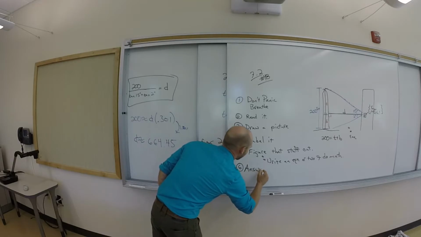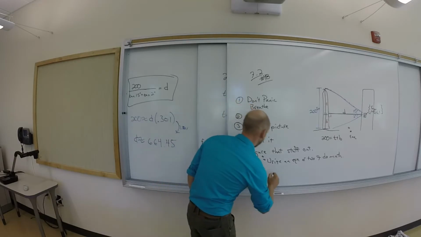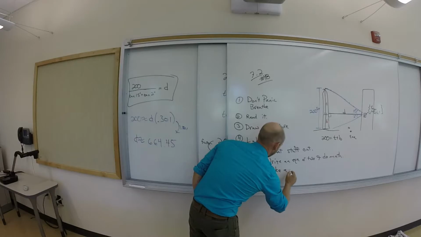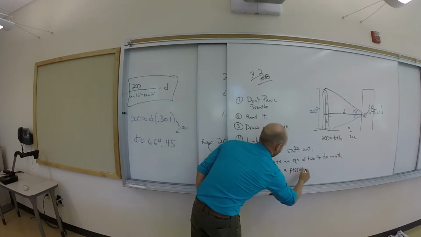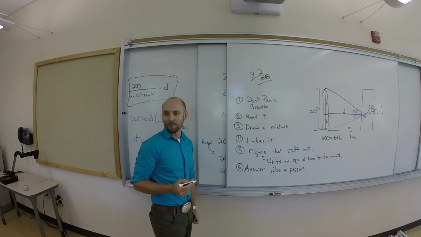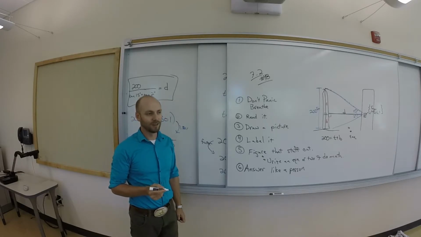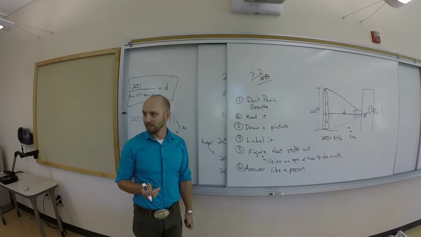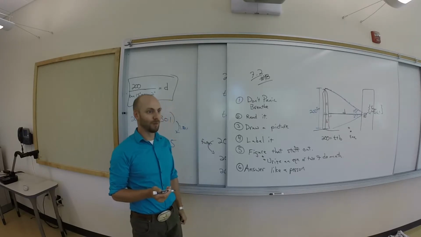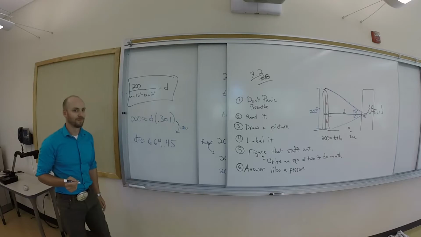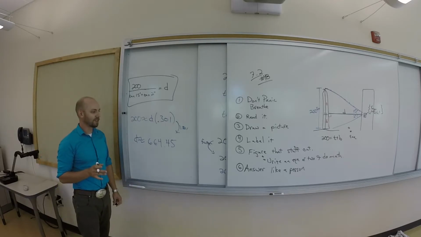Answer like a person. By like a person, I mean with subjects and verbs and all that jazz, preferably in the language with which you were presented the problem. It's got to be relevant to your audience.